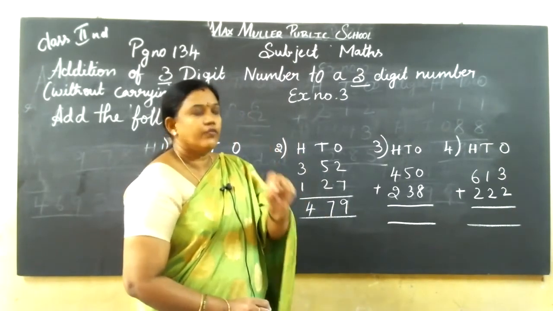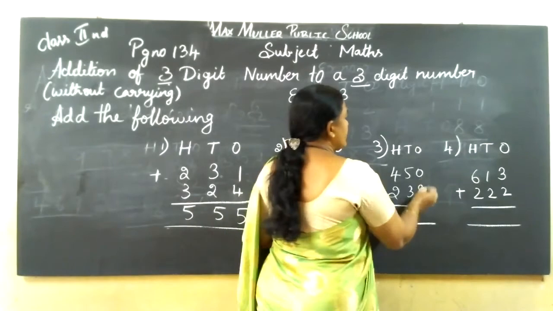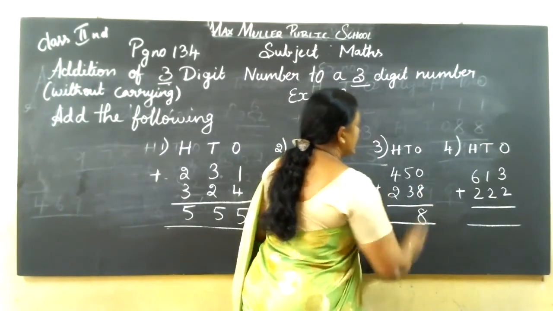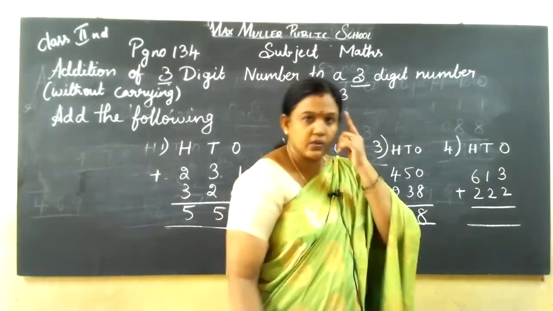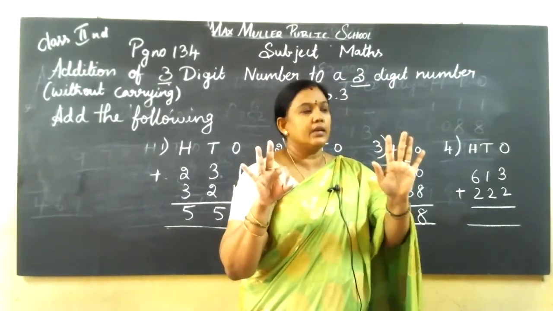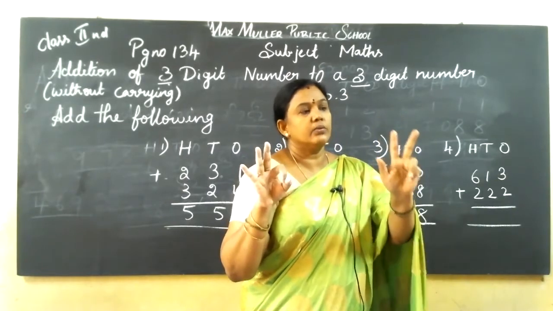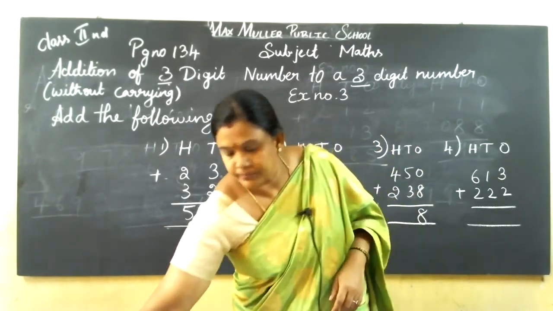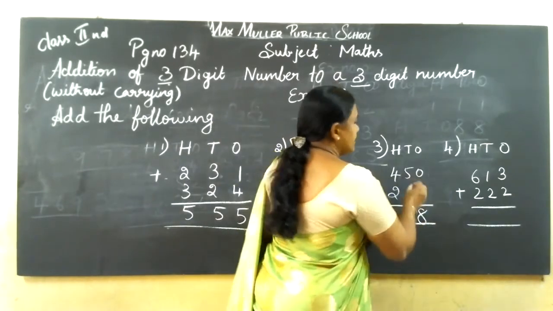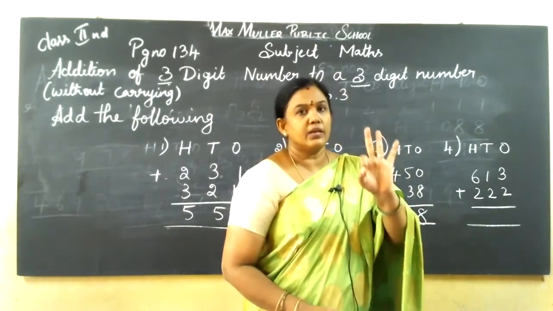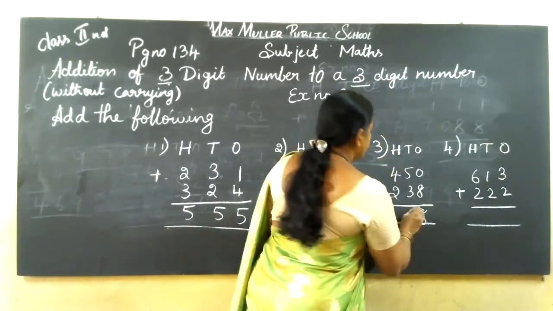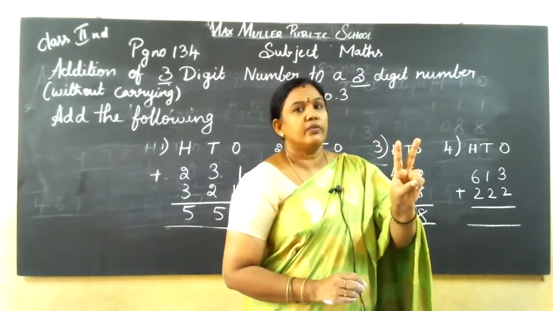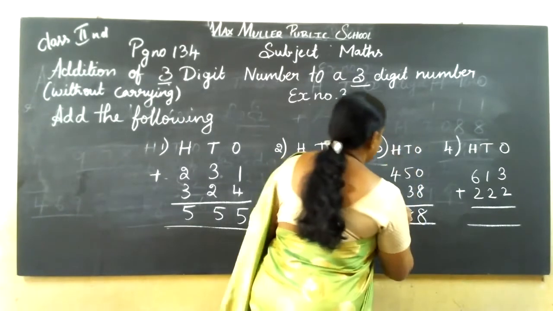After 3, 4. Now 0 plus 8. Same. 8 only comes. See, 0 in the mind, 8 in the finger. After 0, 1, 2, 3, 4, 5, 6, 7, 8. 5 in the mind, 3 in the finger. After 5, 6, 7, 8. 4 in the mind, 2 in the finger. After 4, 5, 6.